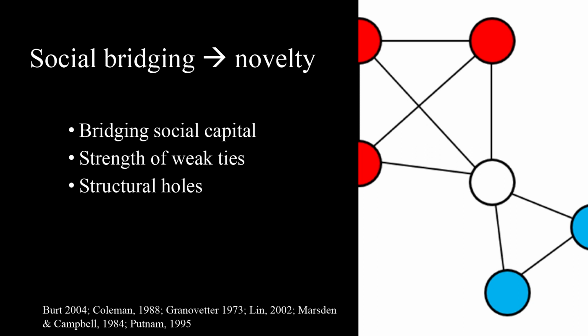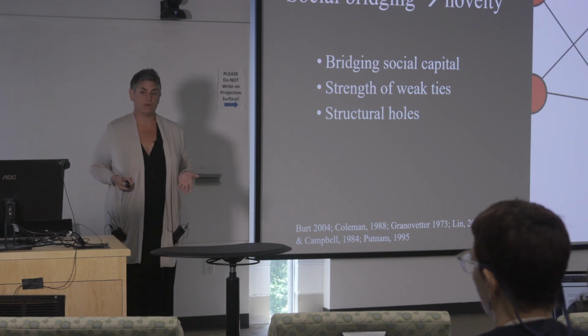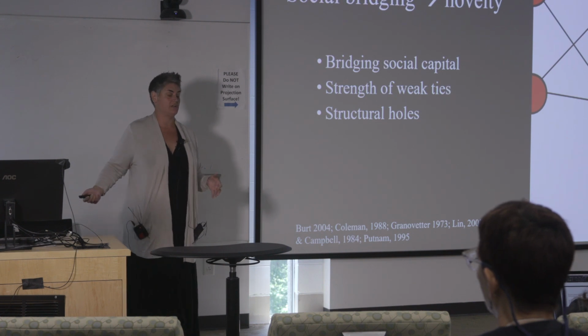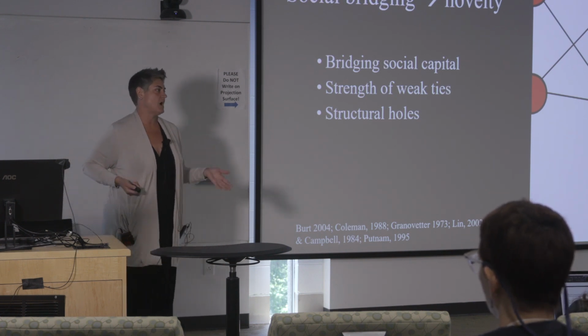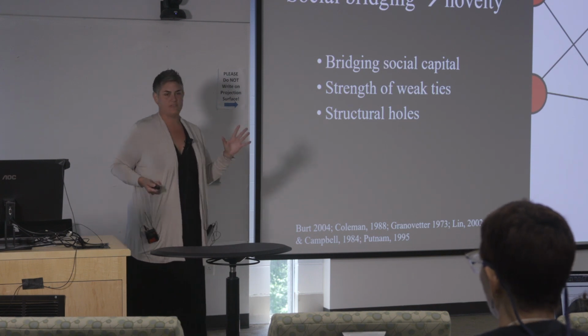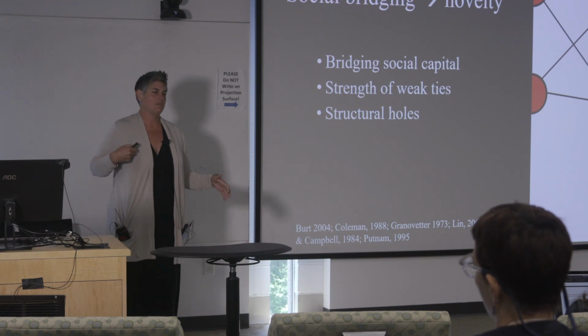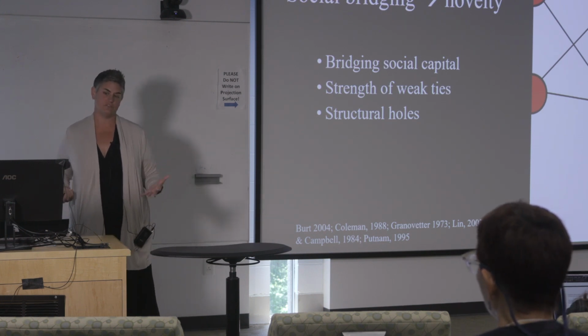Today I'm going to talk primarily about two of these mechanisms, social bridging and social bonding. Social bridging, in terms of its benefits across a variety of substantive applications and contexts, really comes down to novelty, right? We can think about Coleman's bridging and bonding social capital, and of course Granovetter's strength of weak ties. What are we getting from these weak ties that we don't get from strong ties?